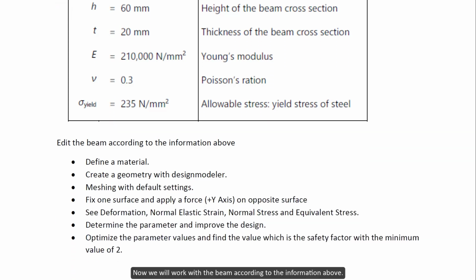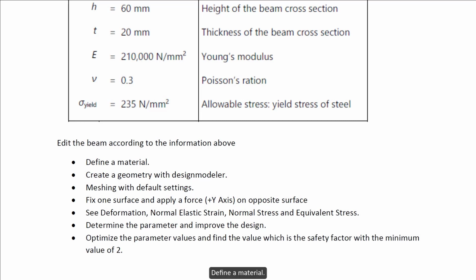Now we'll work with the beam according to the information above. Define a material. Create a geometry with design modeler, mesh with the default settings, fix one surface and apply a force in the negative y-axis direction on the opposite surface. See deformations, normal elastic strain, normal stress, and equivalent stress.